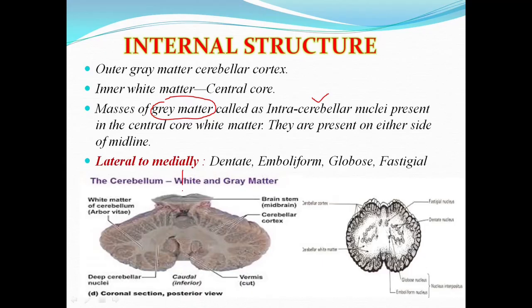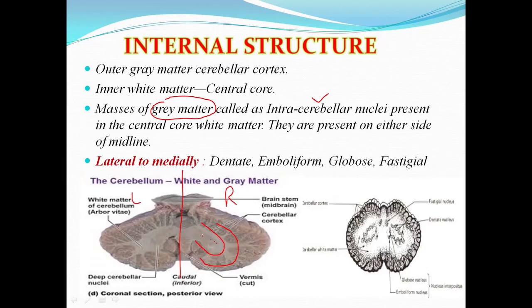Here you can see the cut section in the midline at the vermis level, the right half of the cerebellar hemisphere, and the left half. This is our outer gray matter, and this is our inner white matter.